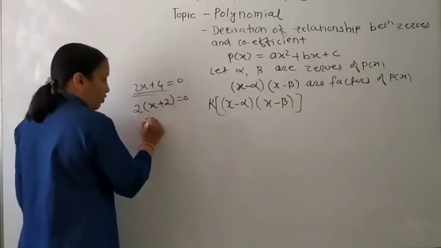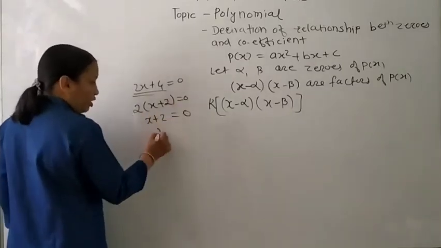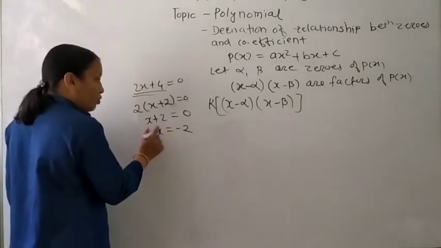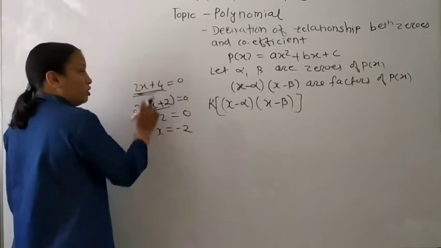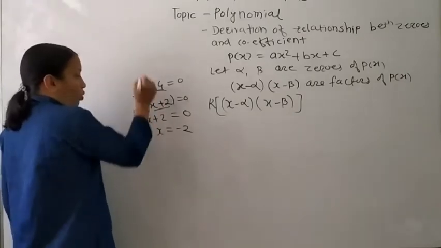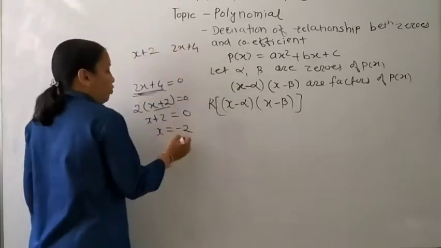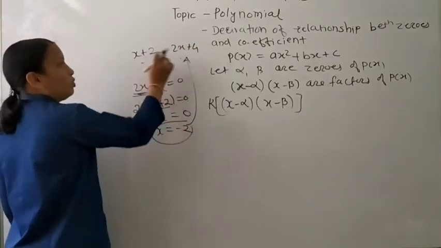Therefore x is equal to minus 2. If you put x equal to minus 2 here or here, you will get 0. For both x plus 2 and 2x plus 4, x equal to minus 2 is the zero.